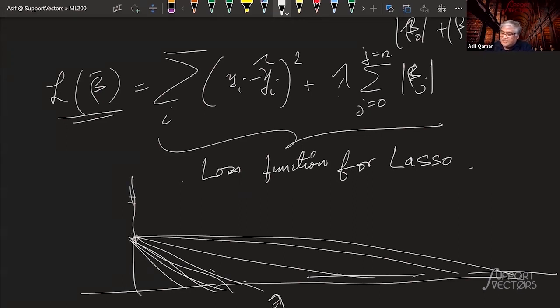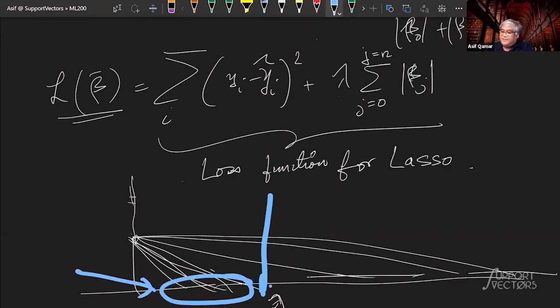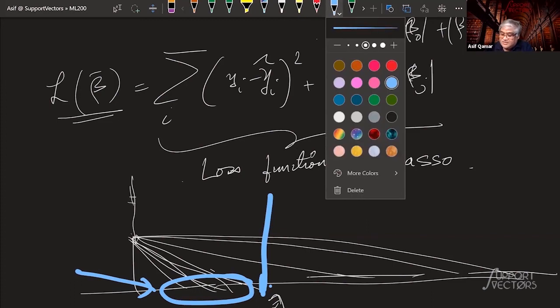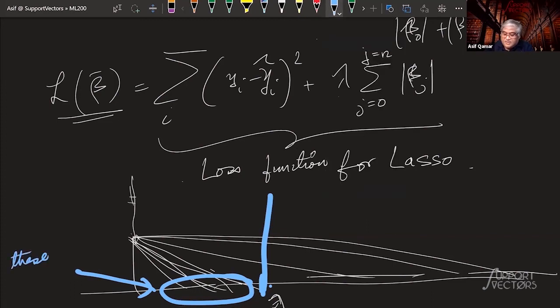Suppose you take a cutoff of beta at this point. At this cutoff, these betas will disappear, and because each beta is associated with a feature, these features will disappear. Why? Because their coefficients, their parameters, have all gone to 0 at this value of lambda.